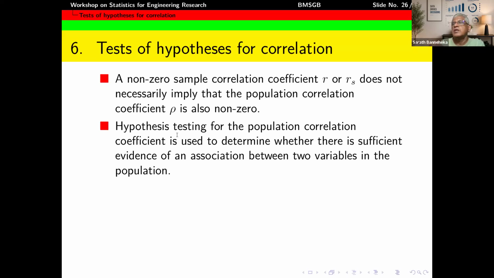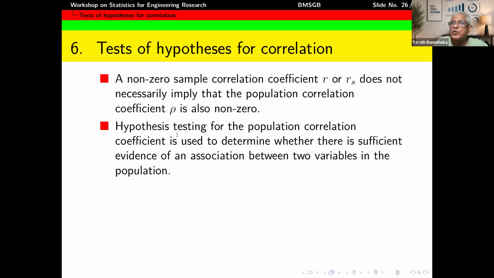And that would generate a population of XY points. And in that population, will the relationship also be the same as in the sample that we have observed? That may be an interesting question to ask, right?